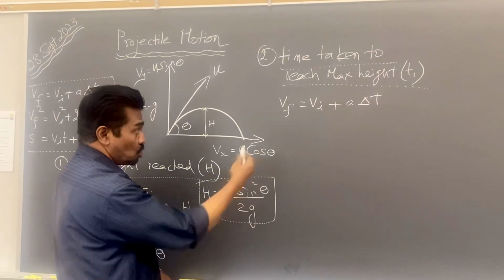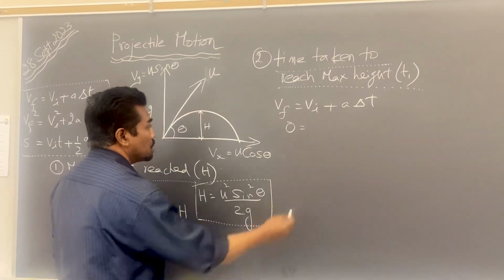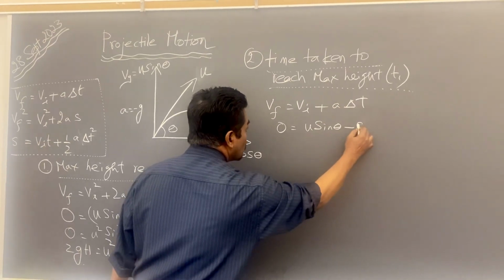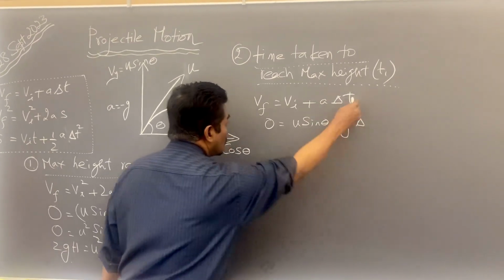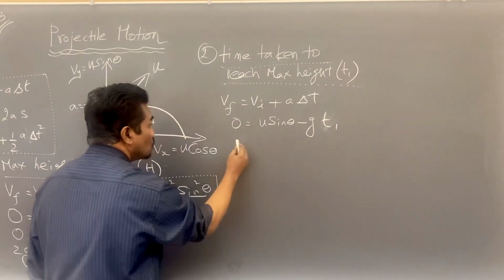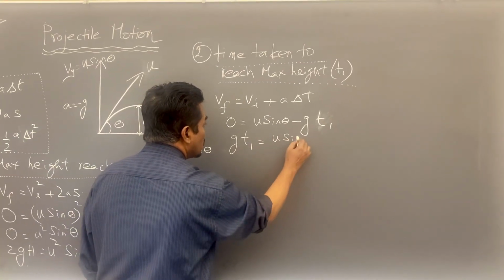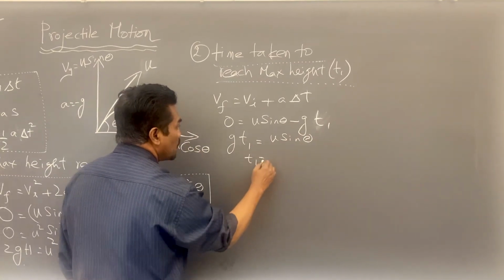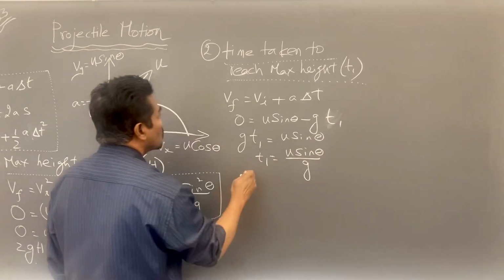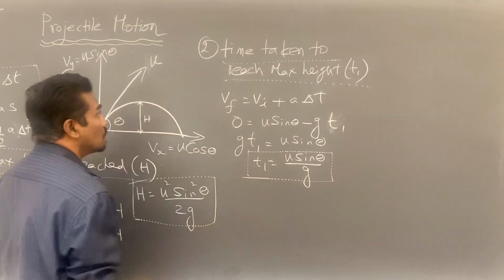As usual, at maximum height the final velocity will be equal to 0. Vi will be equal to u sin theta, and a will be negative g, delta t. In this case we have to put t1. So g t1 will be equal to u sin theta, so t1 will be equal to u sin theta over g. This is the time taken to reach the maximum height.